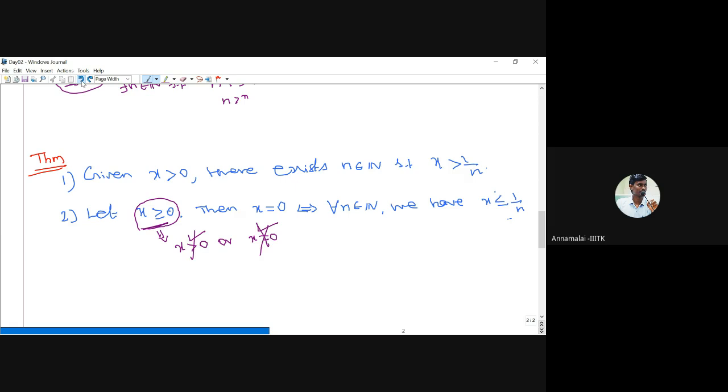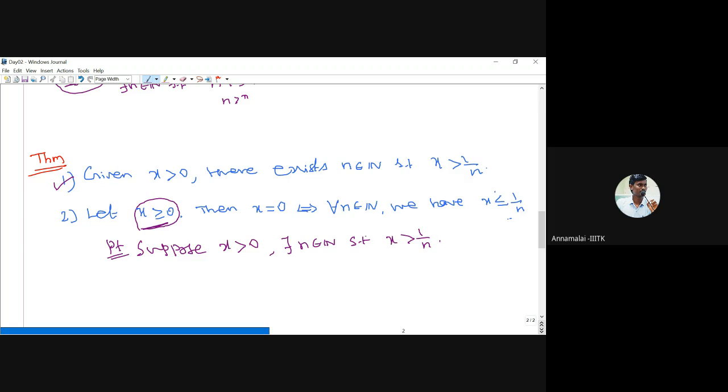That is the proof. So suppose x is strictly greater than 0. Now by statement 1, given any positive number, there exists n in N such that x is greater than 1 by n.